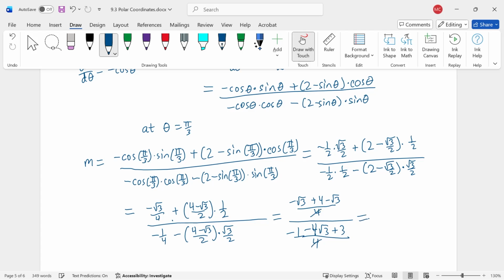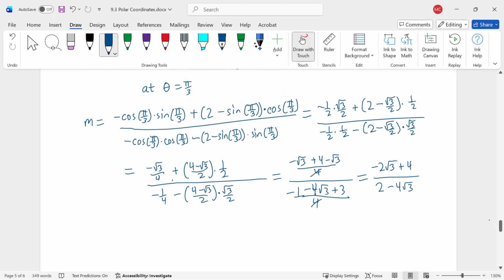So we'll skip that step. And here we've got negative root 3 minus root 3. That's minus 2 root 3 plus 4 over negative 1 plus 3 is 2 minus 4 root 3. And you really don't need to simplify, but I'll do one thing, which is both of these have a common factor of 2. So I'll just pull that common factor out. Those cancel, and we get left with 2 minus root 3 up top over 1 minus 2 root 3 on the bottom.